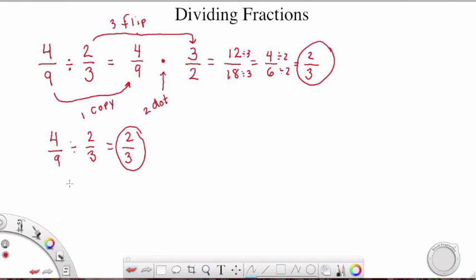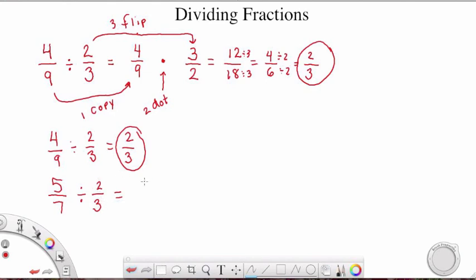Not all dividing fraction problems are created equally, because let's say we have something a little more complicated or something that's not as friendly. Let's say we have 5/7 and we want to divide it by, oh, let's say 2/3. Now if you tried taking 5 and dividing it by 2 and 7 and dividing by 3, good luck.